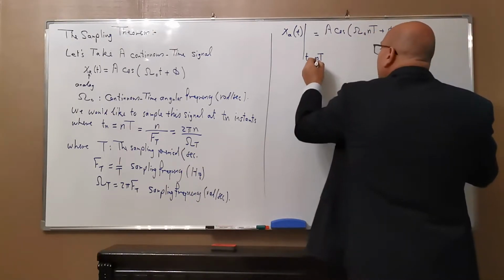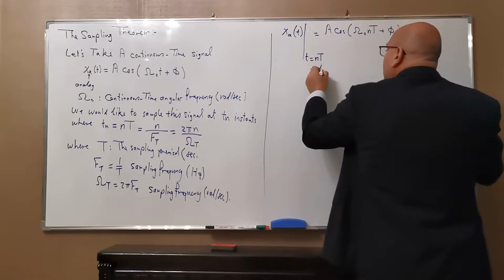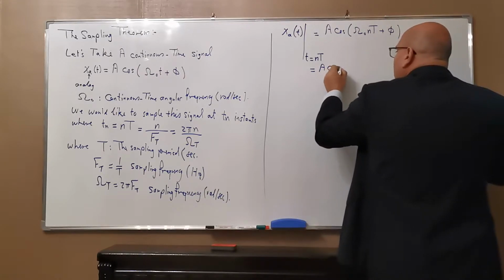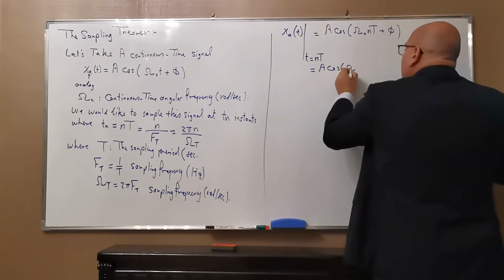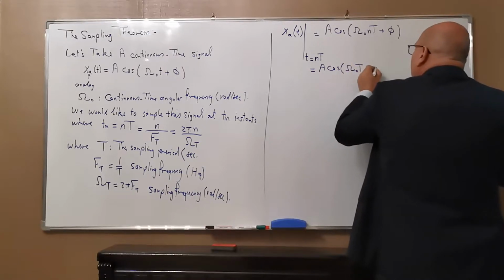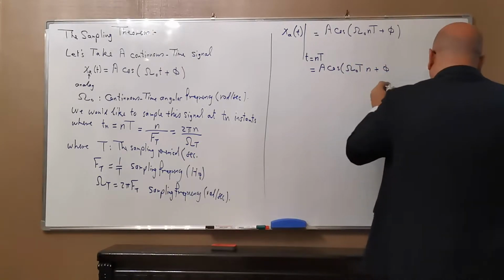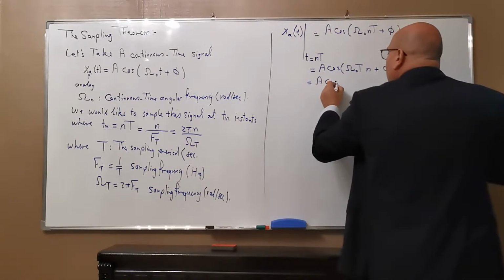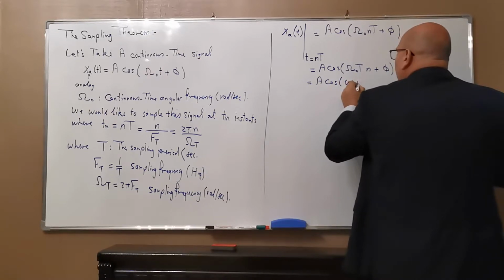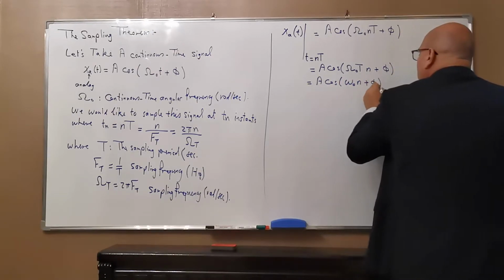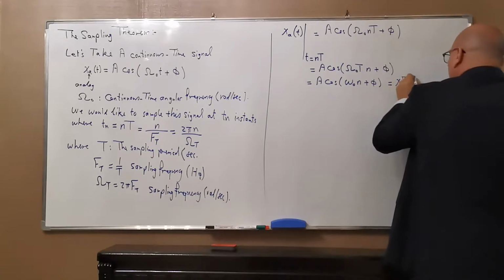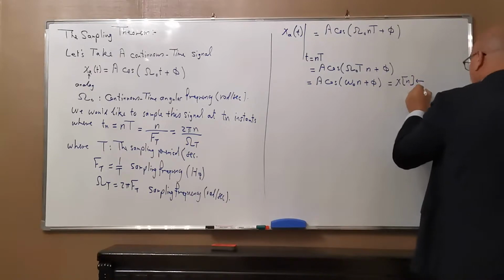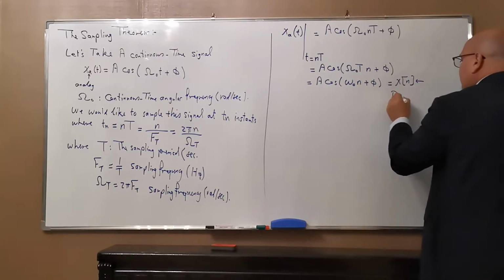Now, this can be written as just an arrangement of the variables inside: cosine omega 0 times T times n plus phi. I will call this a cosine omega 0 n plus phi, which is equal to x of n. So this one here is the discrete time signal.